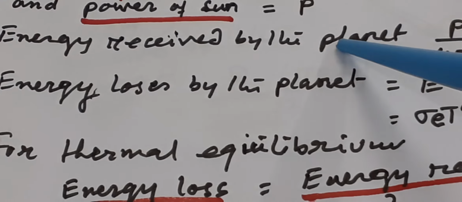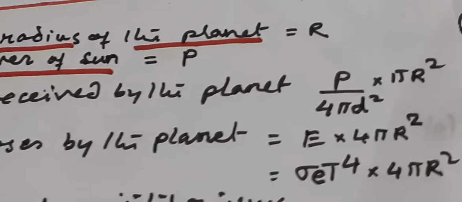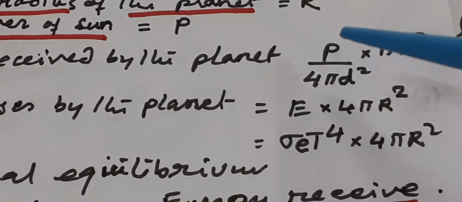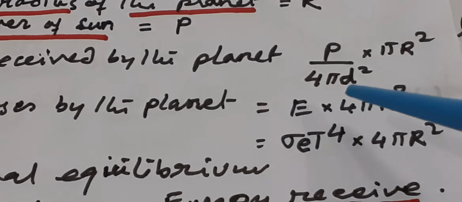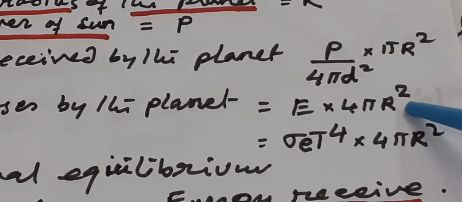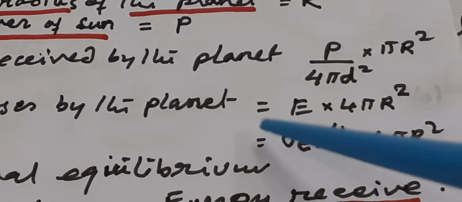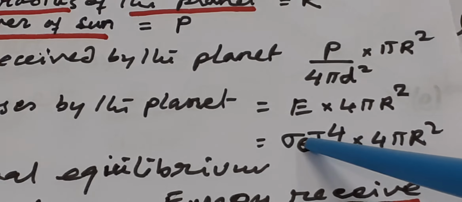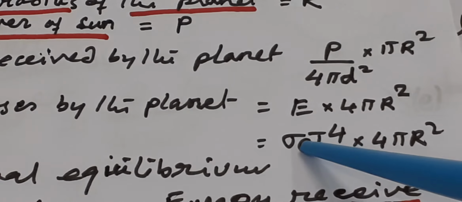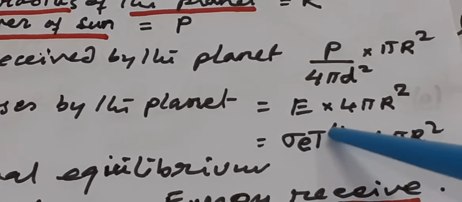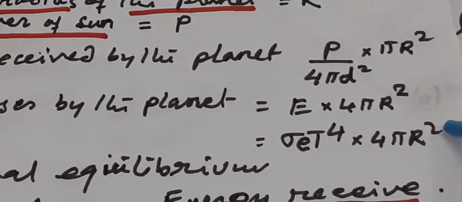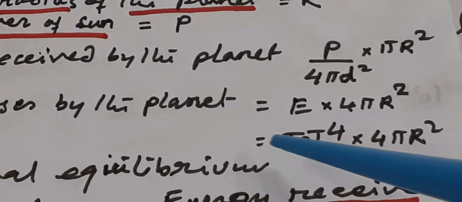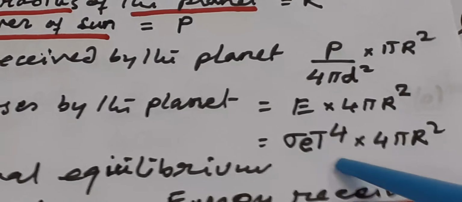That will be how much? Now from Stefan's law we can say power, that is this one, E into 4 pi r square. Now power here is sigma, the Boltzmann constant, into E emissivity, T to the power 4, into this pi bigger r square will be the amount of energy radiated out from the planet.